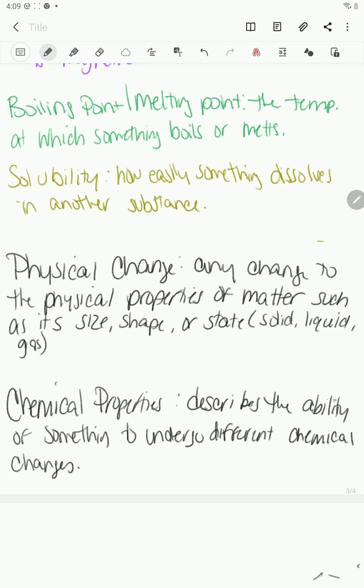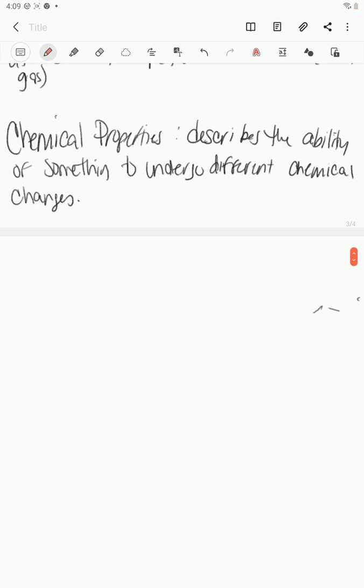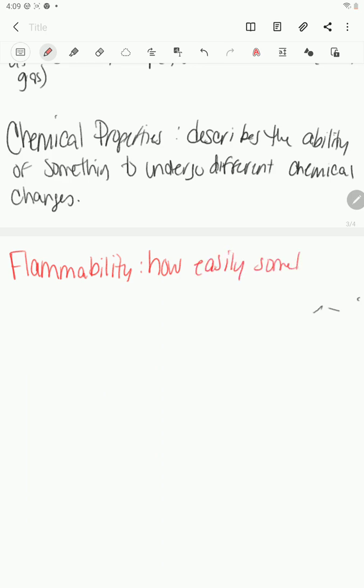Okay, so let's talk about some examples of chemical properties. So we have flammability, which, just like the name sounds, is how easily something lights on fire.